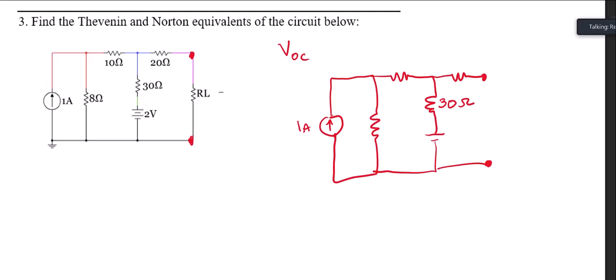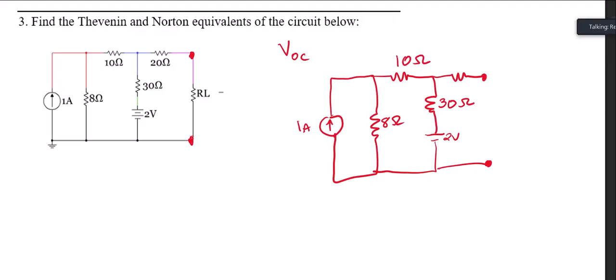Now, for the first part of this problem, when we're finding V open circuit, one of our resistors doesn't matter. This 20 ohm resistor on the top right doesn't matter because there's no current flowing through it. And since there is no current, it's not changing the voltage, so we don't have to worry about it for finding the open circuit.